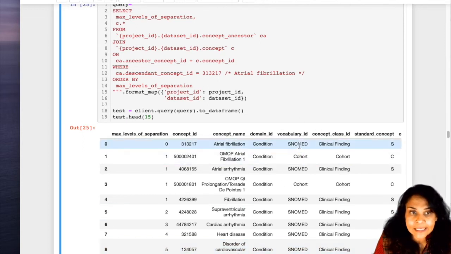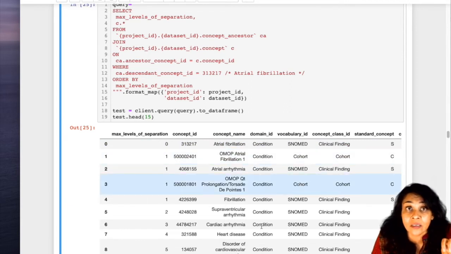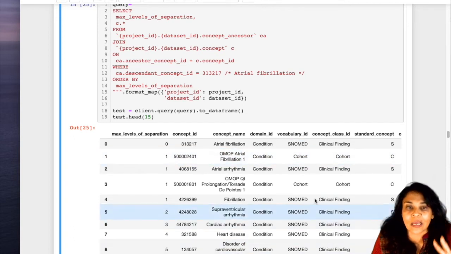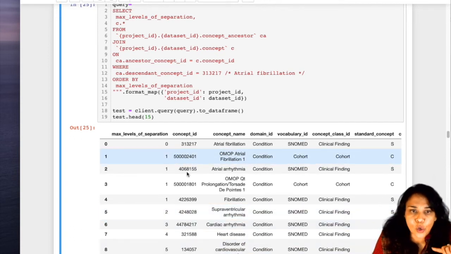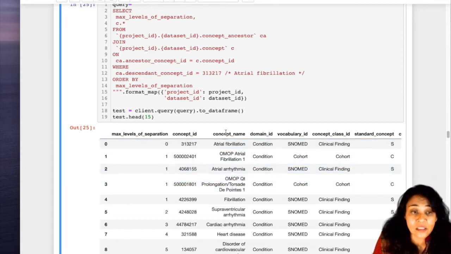You expect this hierarchy only exists in the standard terminology, so you only expect this vocabulary to be SNOMED. So we really don't want to pay attention to where the vocabulary ID is cohort, because those are not really ancestors of atrial fibrillation. Here you can see 313217 is related to 313217 with a maximum separation of 0.